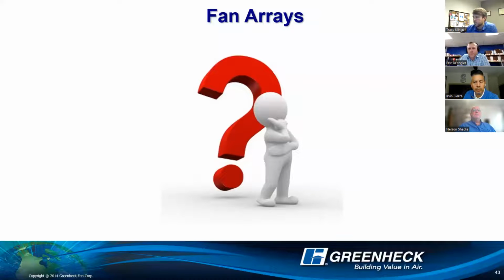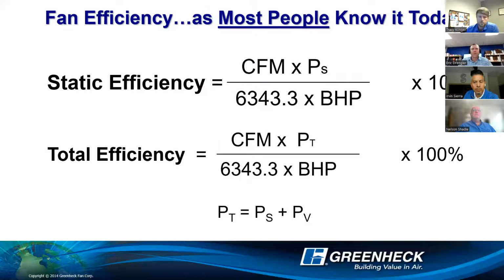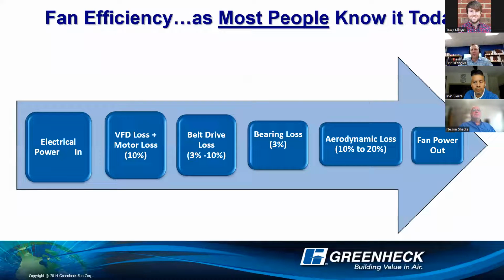Okay. If you want to look at FEI real quick and go over some things on there, it's definitely an important topic. Basically, efficiency as we look at today, typically you're talking static efficiency or total efficiency if it's a ducted application, and that is shaft power into the fan.